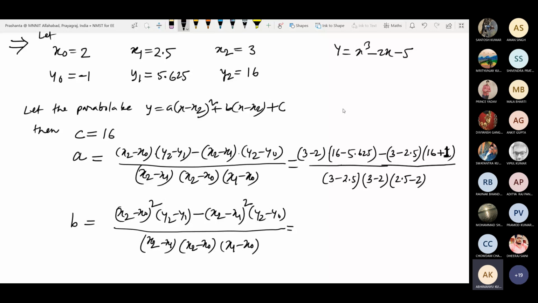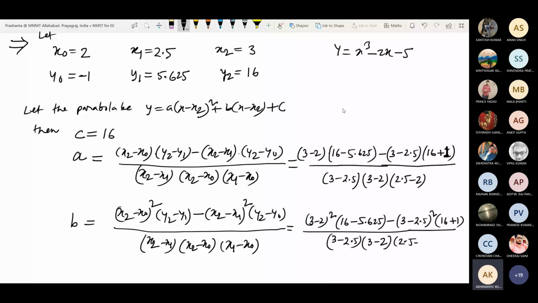And B will be very similar to A, only 2 squares will be there. So that will be 3 minus 2 square, 16 minus 5.625, minus 3 minus 2.5 square, 16 plus 1 by 3 minus 2.5, 3 minus 2, 2.5 minus 2.